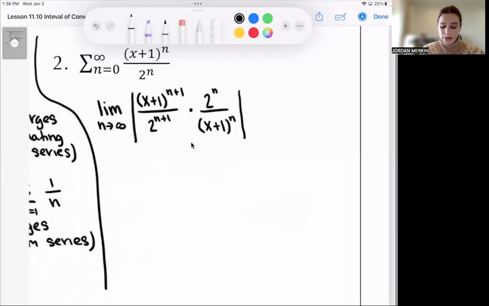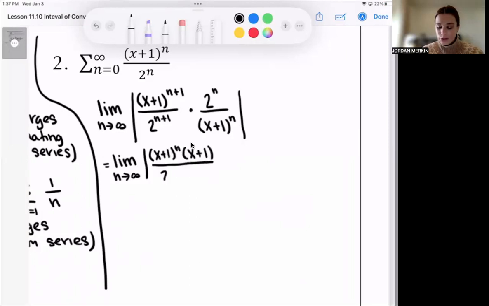All right, we can clean this up a little bit. We end up with the limit as n approaches infinity of (x plus 1) to the n times (x plus 1) over 2 to the n times 2, times 2 to the n over (x plus 1) to the nth power. All right, let's cancel out some of these common factors.